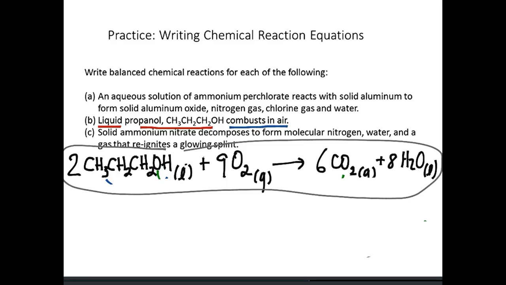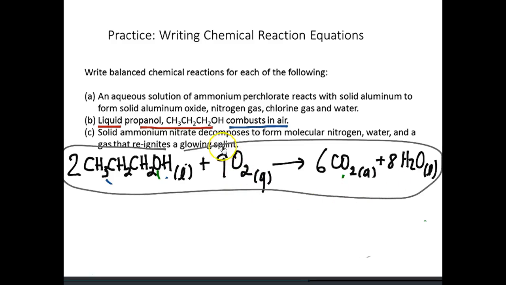Now, whenever you finish, when it says you have to write a balanced chemical reaction, it needs to have whole numbers, integers, not fractions, and it needs to have the lowest possible integer. In other words, if you gave me an answer here that had 4 propanols and 18 oxygens and 12 carbon dioxides and 16 waters, that would not be worth full credit to me because that is not the lowest integer value possible.